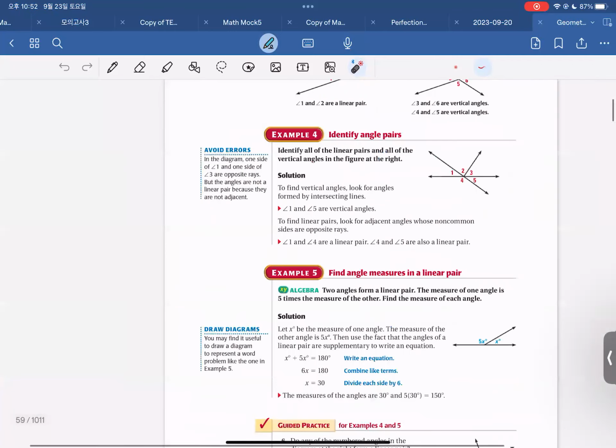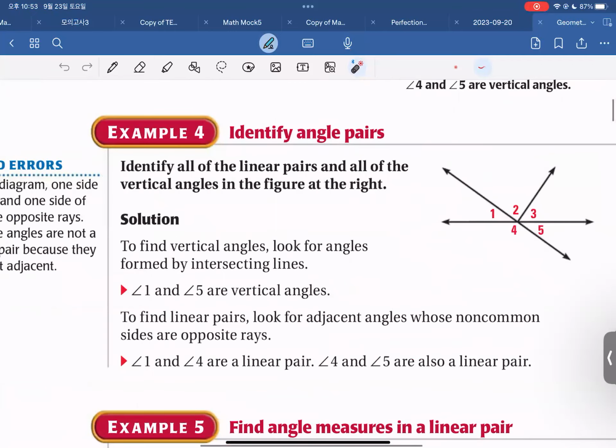Before we move on, let's just quickly look at example 4, identify angle pairs. So identify all of the linear pairs and all of the vertical angles in the figure at the right. First, let's look at some linear pairs. If you remember that linear pairs must add up to 180, then we can first see that 1 and 4 is a linear pair.